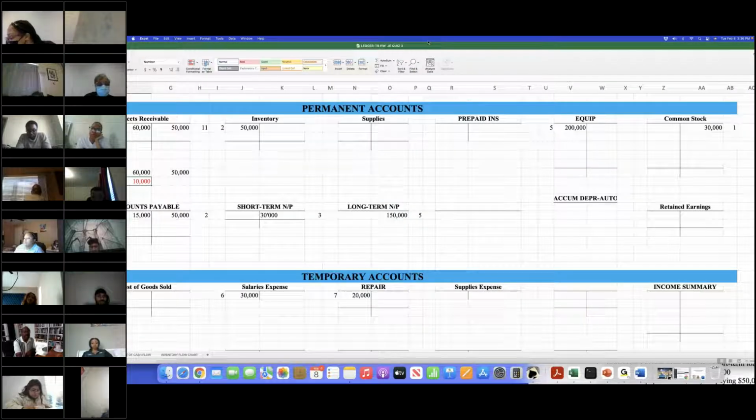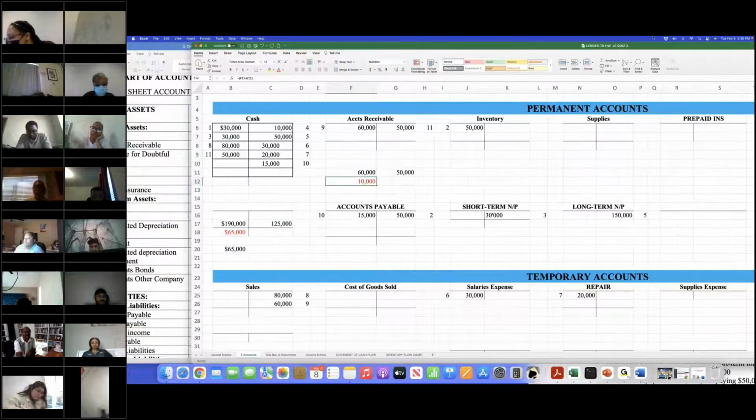So that's all the assets. Now we pick up the liabilities. So we'll practice one final time.